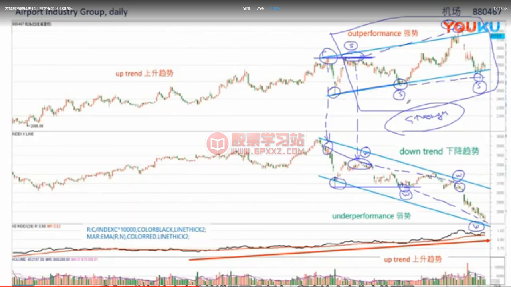We want to look through the stocks. So we did this last time. We looked at the markets, and we are talking about the top-bottom approach.